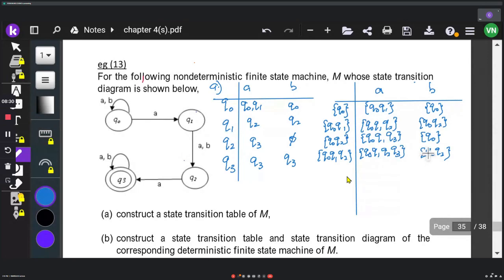And continue until you have all the inputs A and B here. So 0, 1, 2, after that is 0, 1, 3. So 0, 1, 3, you can have input A is 0, 1, 2, 3, right?